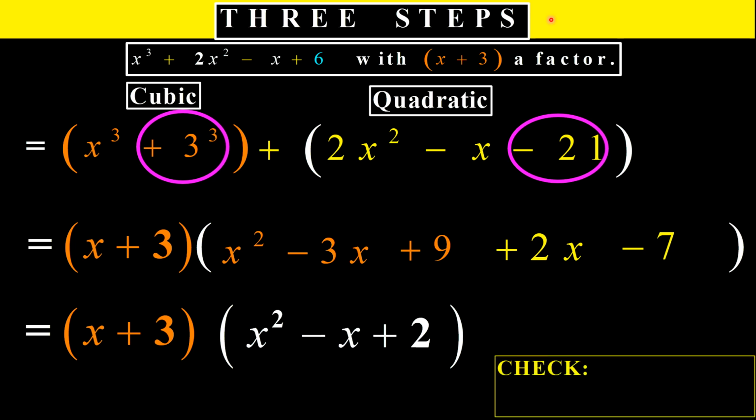Okay, and I can check it works. 1 plus 2 minus 1 plus 6 gives me a 8. And 1 plus 3 is 4. And 1 minus 1 plus 2 is 2. 2 times 4 is 8. Right? We can even do it in 3 steps.